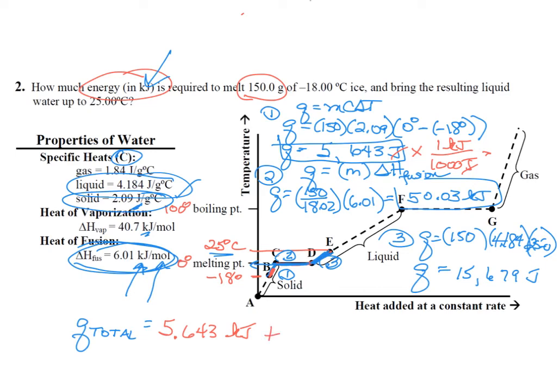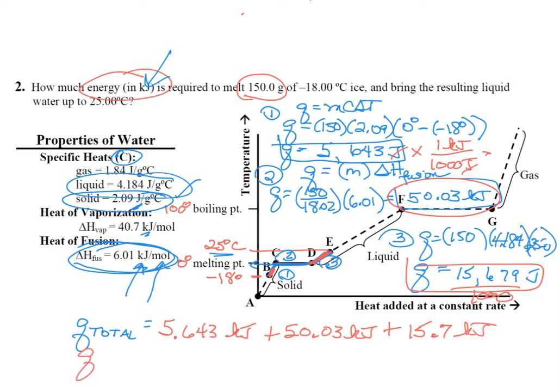The energy required to melt is already in kilojoules. It's about 10 times more than raising the temperature. And then the energy required to raise the liquid water by 25 degrees is in joules, so I'm going to divide that by 1,000. That ends up being, I'm going to round it, 15.7 kilojoules.